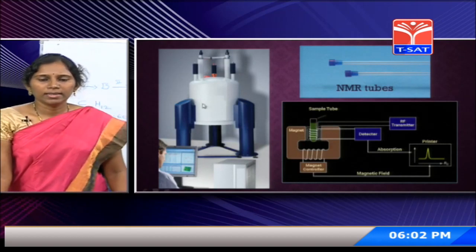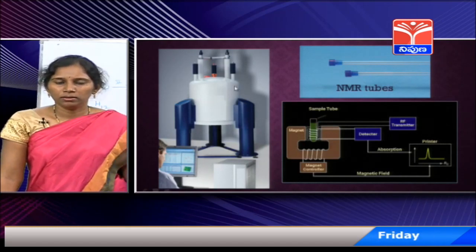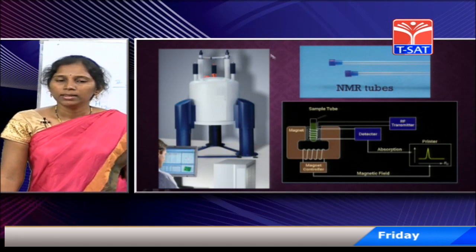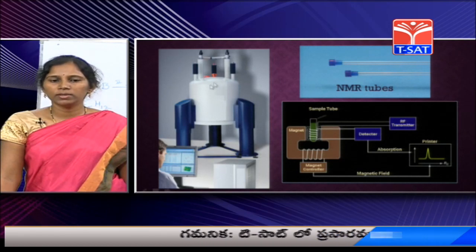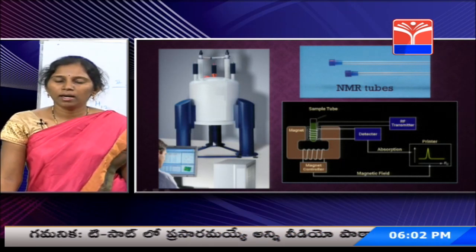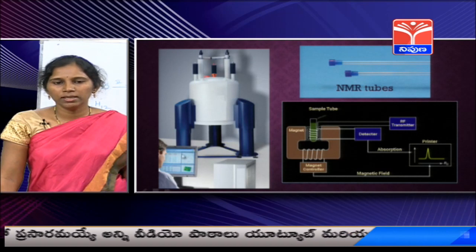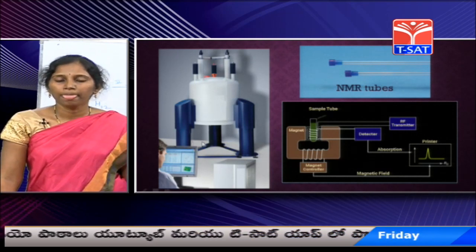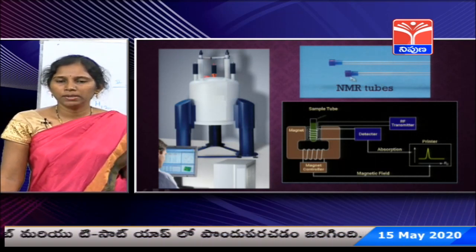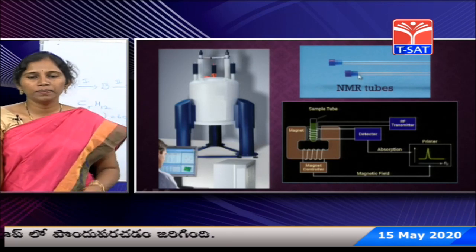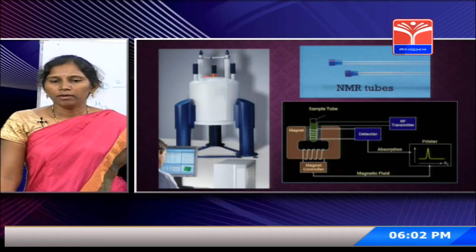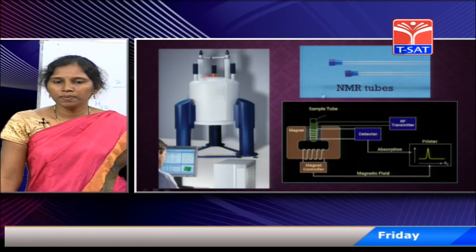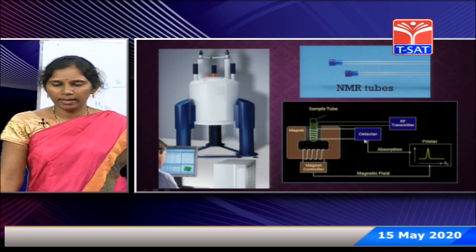See, if you look at the screen, that image, till now we talked only theory, right? This is the image of the proton NMR machine. It actually looks like this, and the spectrum we can observe on the computer screen, which is connected to it. And in this image you can observe the NMR tubes in which we take the sample solution to record the spectrum, and we keep those NMR tubes in between the poles of the magnet.